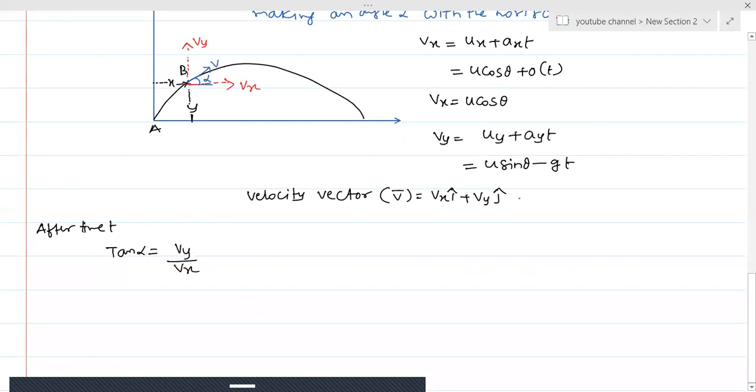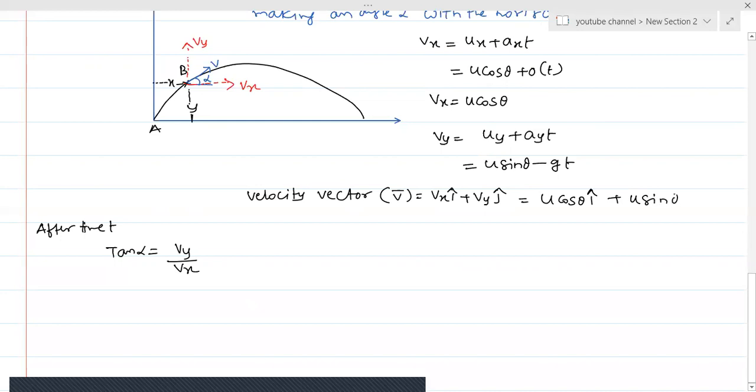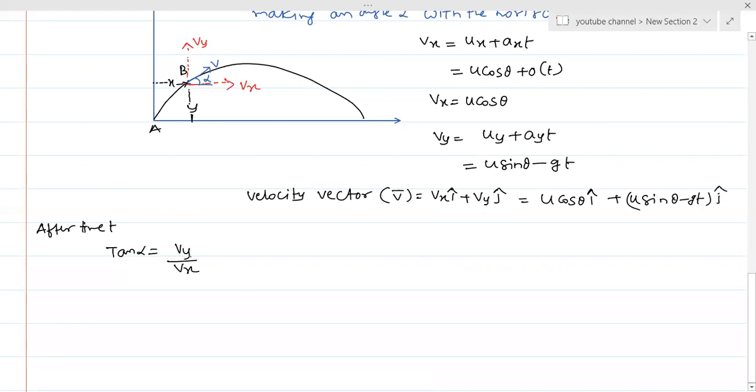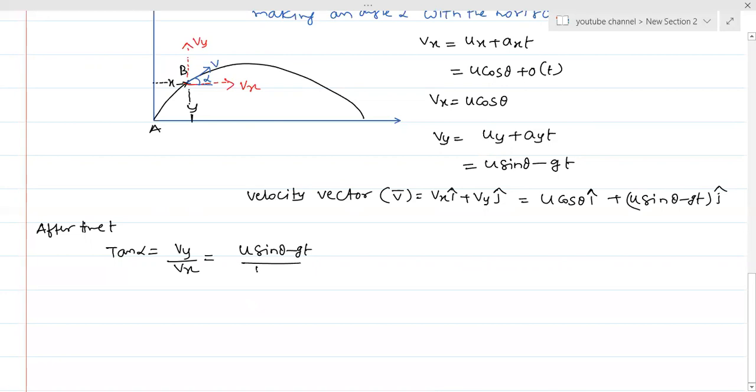Now we will focus on what vx and vy are. vx is u cos theta into i cap, and vy into j cap is u sin theta minus gt into j cap. So tan alpha equal to vy by vx means u sin theta minus gt by u cos theta.